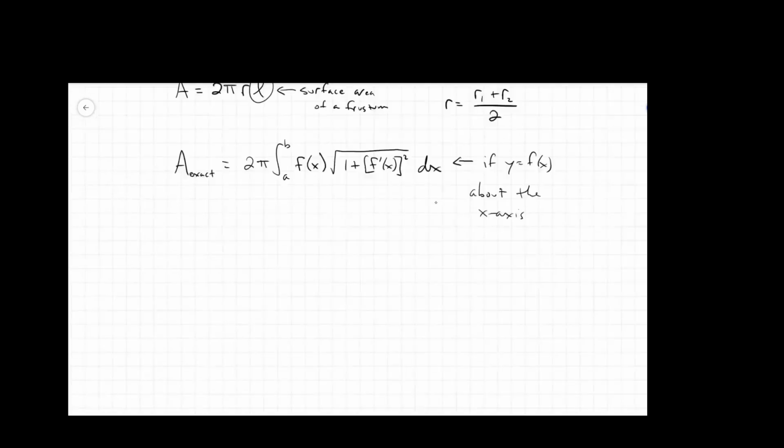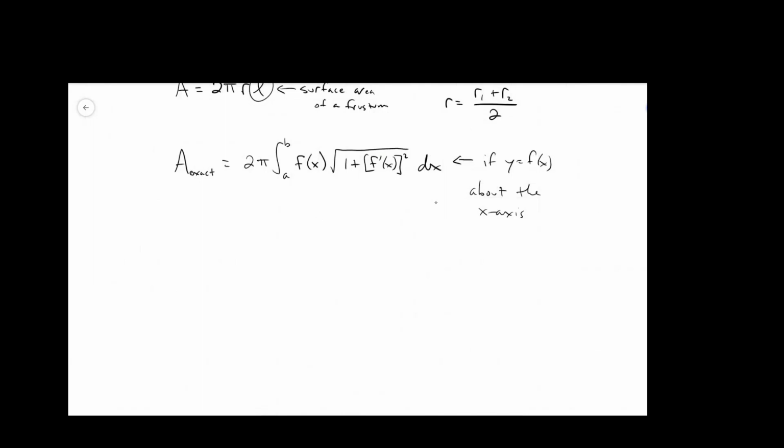If you were going to do this around the y-axis, the only thing that really changes is the height of the line segment that you're looking at. So suppose, for example, I had a function that maybe did this. Here's my a and b. And suppose that I wanted to revolve that thing around the y-axis now, not the x-axis.